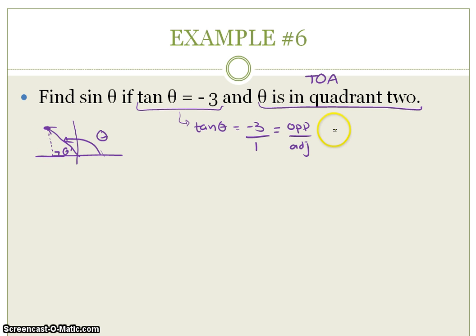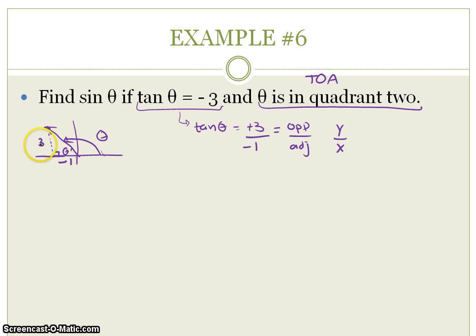Okay, you can also think of it as tangent is y over x, the y coordinate over the x coordinate, and my x coordinate is negative and my y coordinate is positive. So I'm going to make my 3 positive and my 1 negative. This still reduces to be negative 3. So I'm still using tangent as negative 3, but what that tells me is my adjacent is negative 1 and my opposite is y, or positive 3.